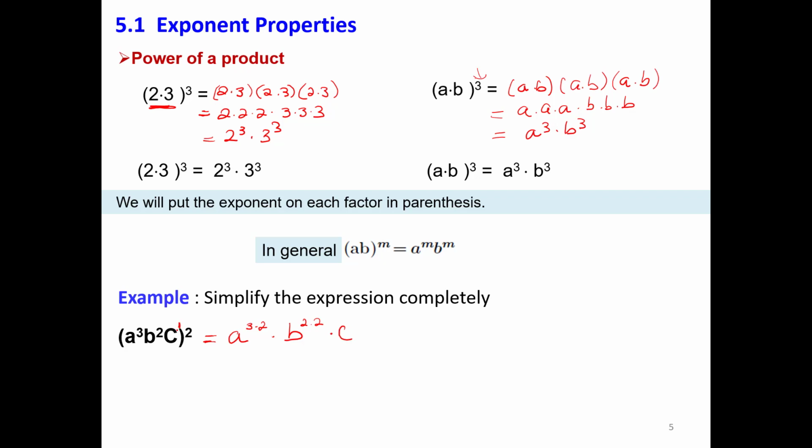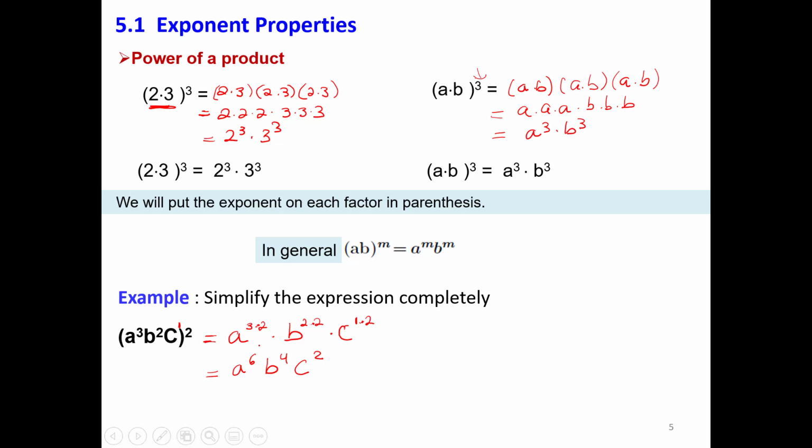C means there is no number there, we know it's to the 1, so it is 1 times 2. Then we are really applying two properties, power of a product and power of a power. Just be careful, here it is multiplication. 3 times 2 is 6, 2 times 2 is 4, c, 1 times 2 is 2.